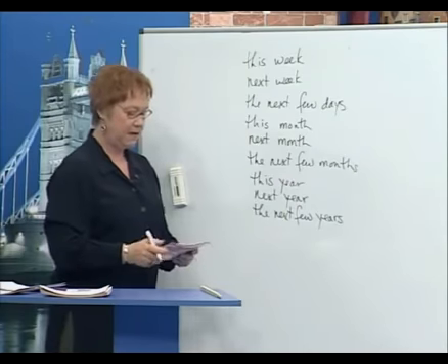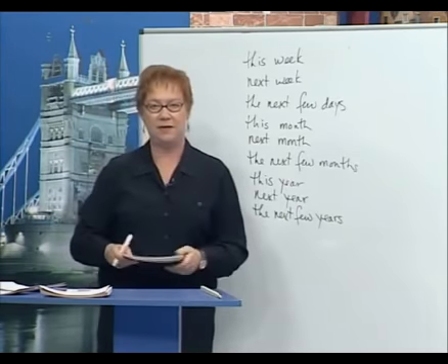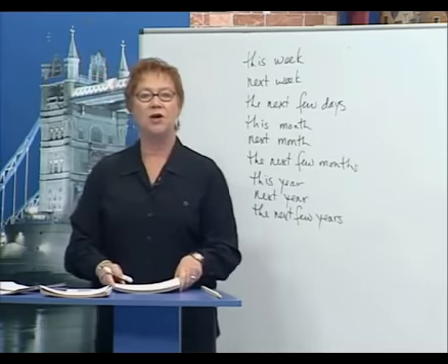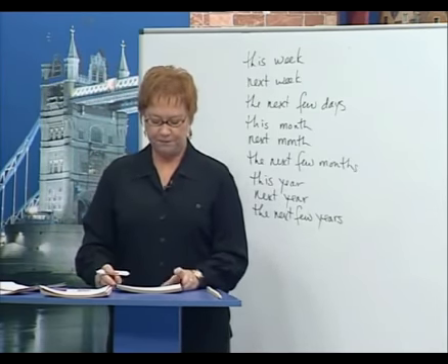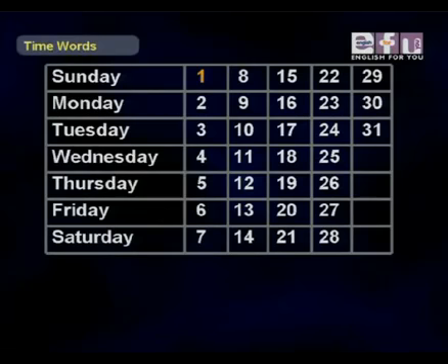Okay? Now, if you look at the screen, you can see a calendar for August 2004. Let's say that today is August 1st. It's Sunday. To talk about the week that we are in now, we say this week.